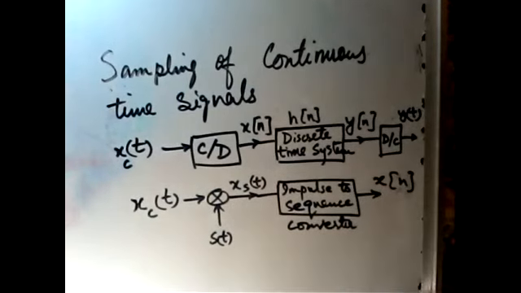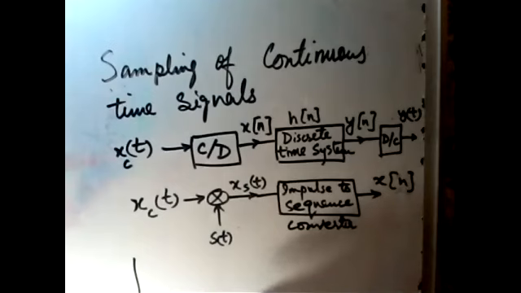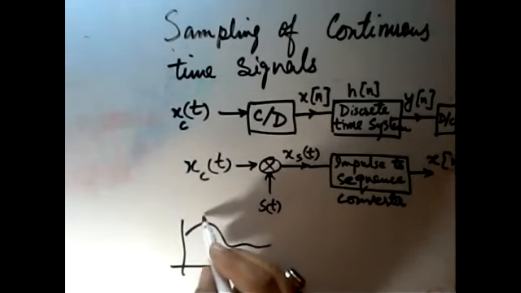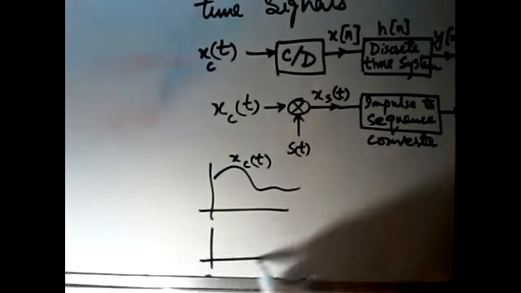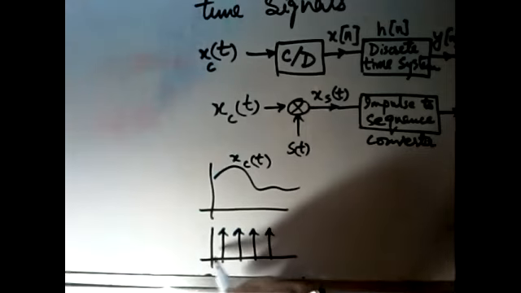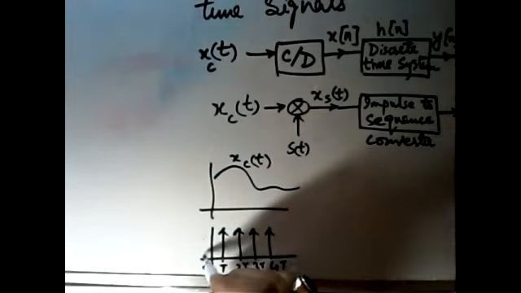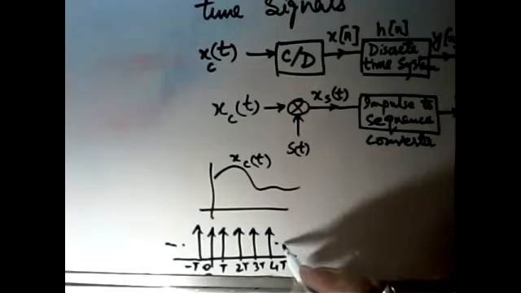So what is xc of t? It is a continuous time signal. Let's suppose we have a continuous time signal like this, xc of t, and if you multiply it with a train of impulses at T, 2T, 3T, 4T, 0 and minus T, and so on.